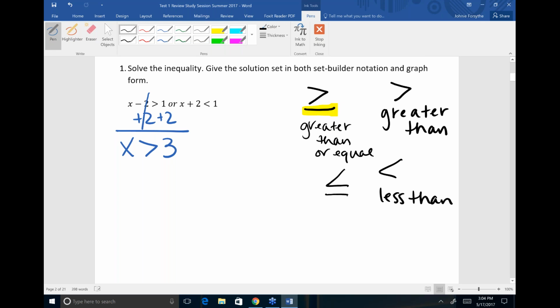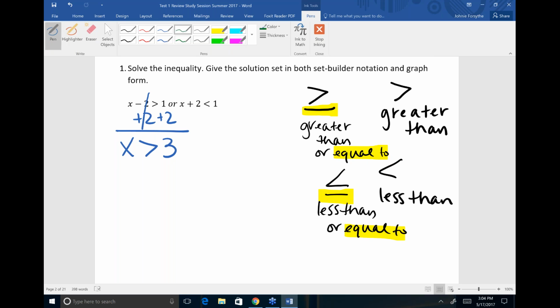And this would be less than or equal to. Okay, so just to be clear on those inequality symbols, we have our first inequality solved.